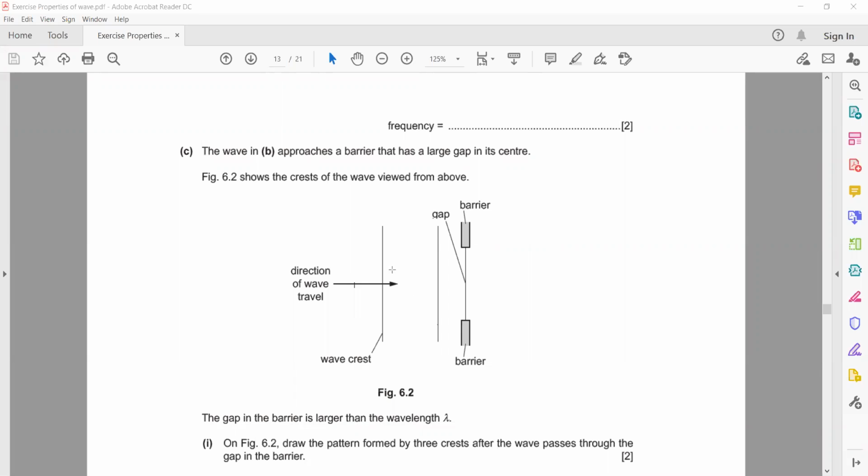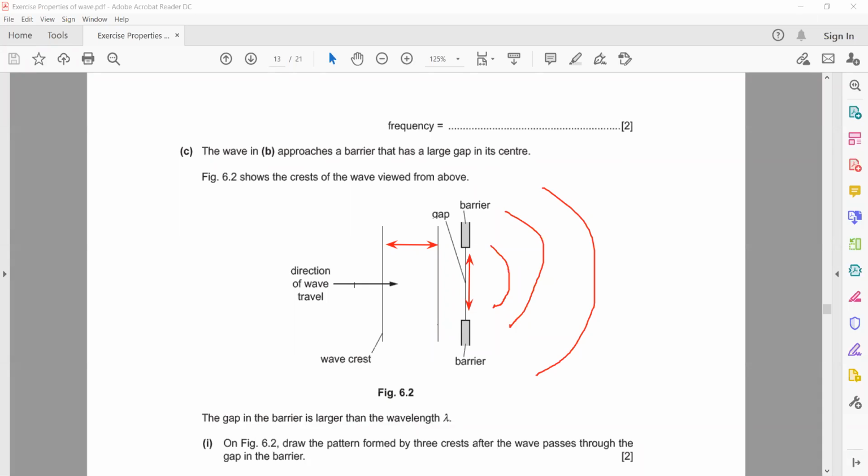So the wavelength is bigger compared to the gap, greater than the gap size. Then what will we observe? We'll observe maximum diffraction will occur for the wave.